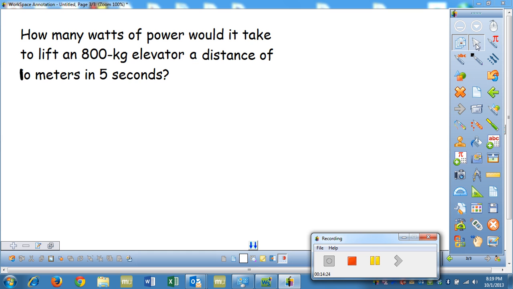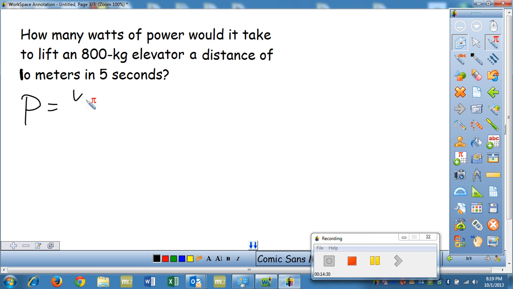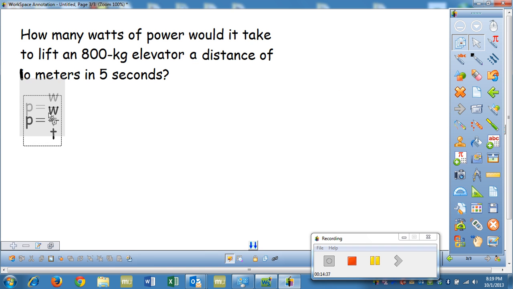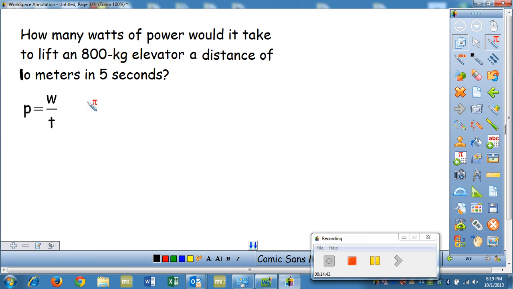Okay, let's see if I get the same answer. So what do we know? We know that power equals work divided by time. So time is easy, 5 seconds. Work, well, work is force times distance, right? Work equals force times distance.